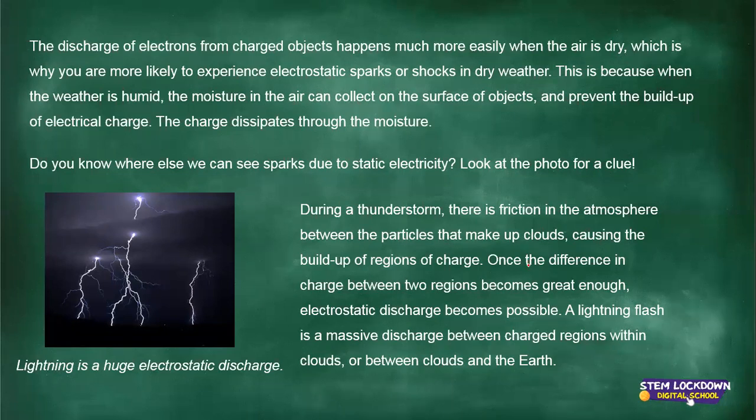Now, once the difference in charges between the two regions becomes great enough, and the charges are moving from one cloud to another, it causes an electrostatic discharge. Okay, and that is where you see a huge lightning discharge. You see a huge flash. And this would occur in the regions between the clouds.